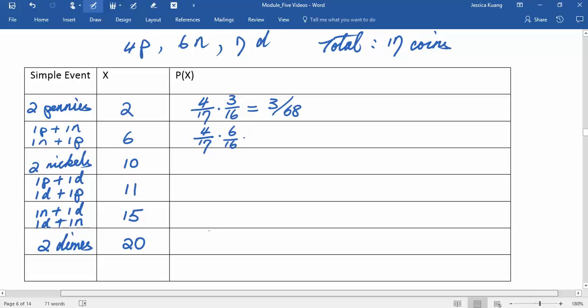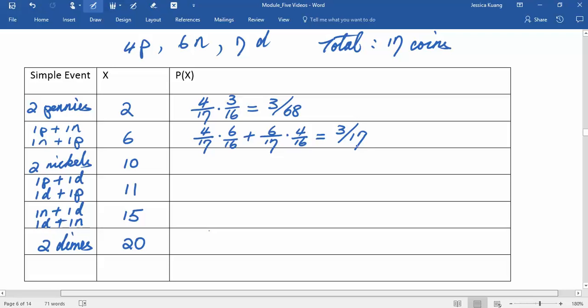The second scenario is I get a nickel first, and then a penny. Simplify this fraction, I will have 3 over 17.